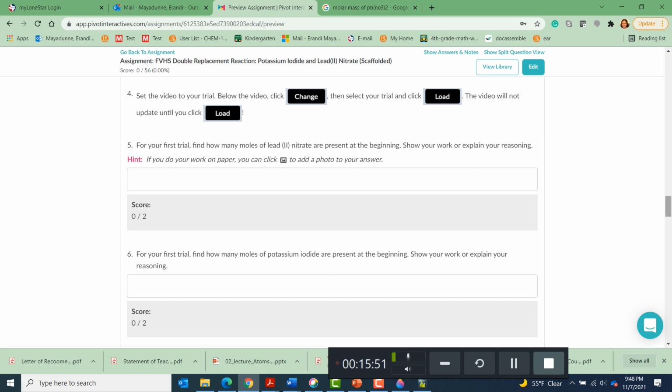So now you need to find the number of moles. We already know the number of moles of potassium iodide is 0.012. For lead nitrate, the number of moles is 3.45 grams divided by 331. Let me do it really quick on the calculator.